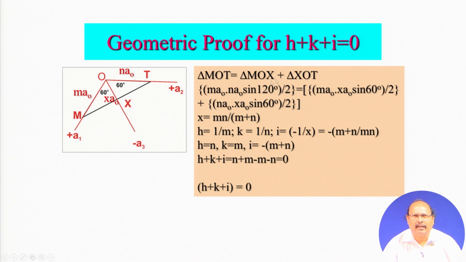So, h is equal to 1 by m, and k, corresponding to A2, is equal to 1 by n, and i, that corresponds to the A3 axis, will be 1 by x, but since it is in the negative direction of A3, we put a negative sign here. So, i is equal to minus 1 by x.